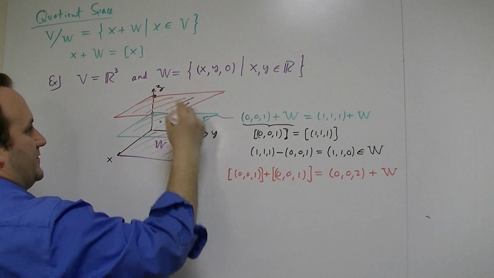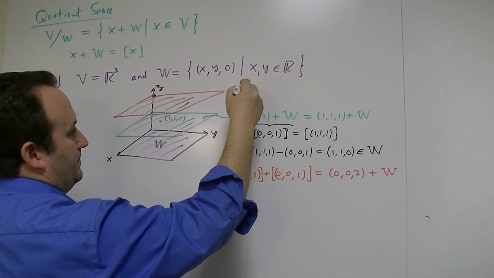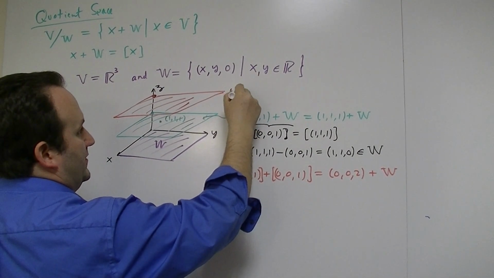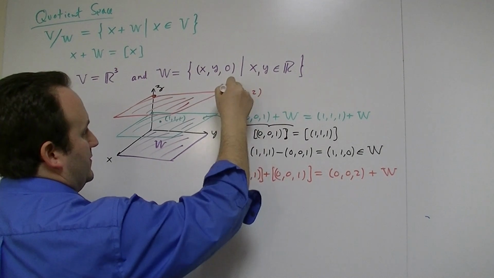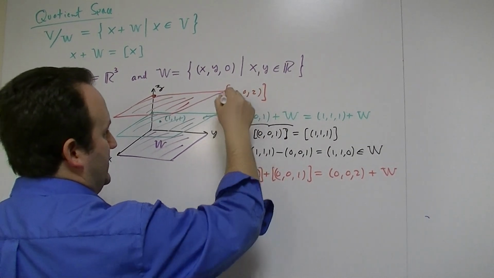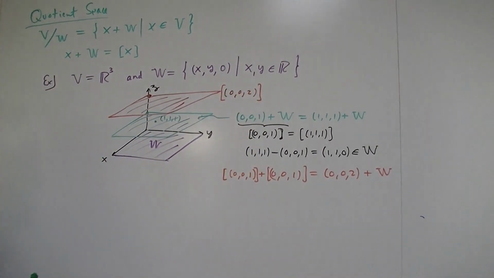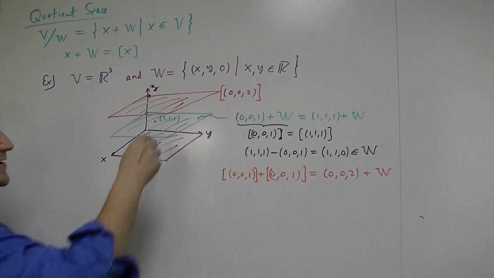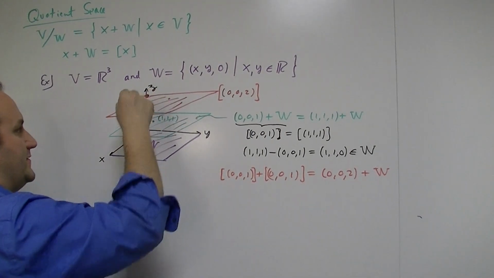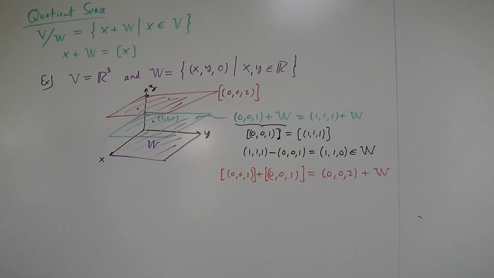So there you go. There's the (0, 0, 2) equivalence class, the coset represented by (0, 0, 2). And again, that's not unique. I could pick any other point in this horizontal plane, and it would also be a representative.